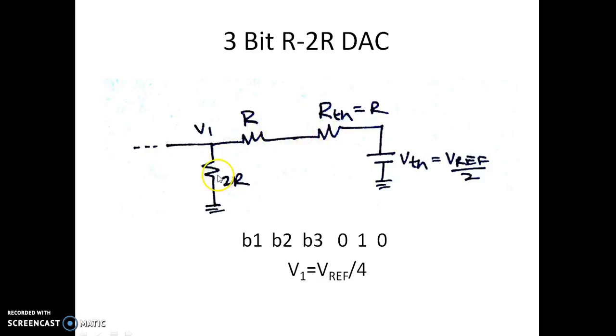We have a 2R here, represented by 2R and 2R with a voltage source of V reference by 2. Naturally the voltage at V1 happens to be half of this V Thevenin, which is nothing but V reference by 4. So for the combination of B1, B2, B3 being 0, 1, 0, the voltage at V1 would be V reference by 4.